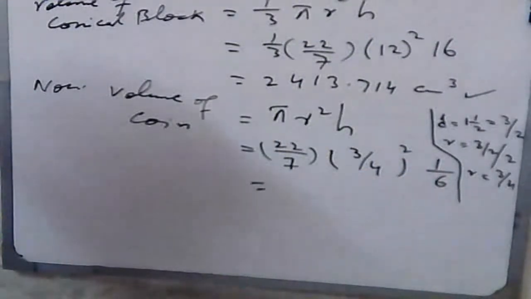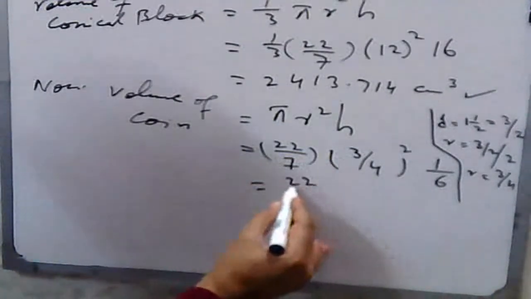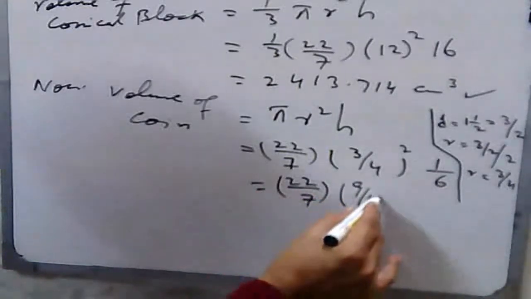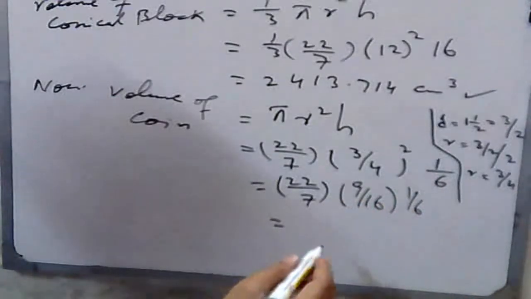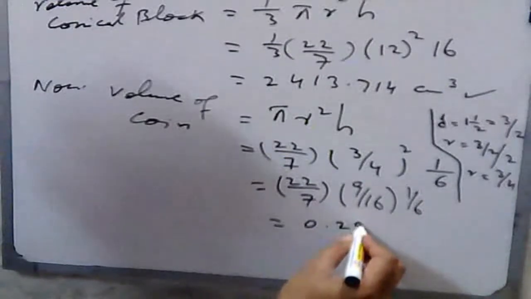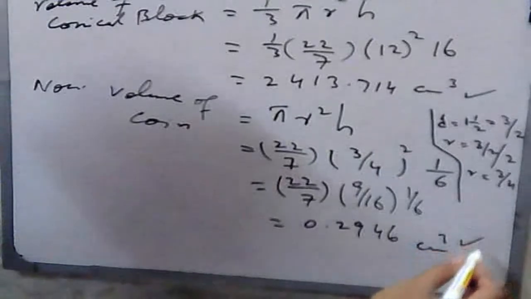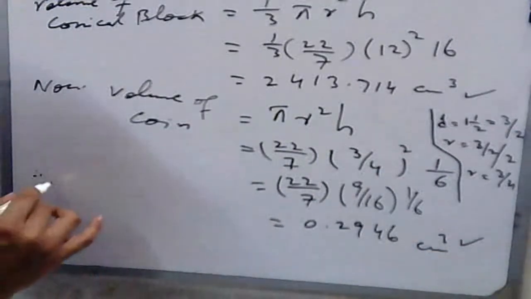After simplification, you can write as 22 by 7, 3 3s are 9 by 16, 1 by 6, and after simplification you can get 0.2946 centimeter cubed. So that is the volume of coin. So for the number of coins you should divide.